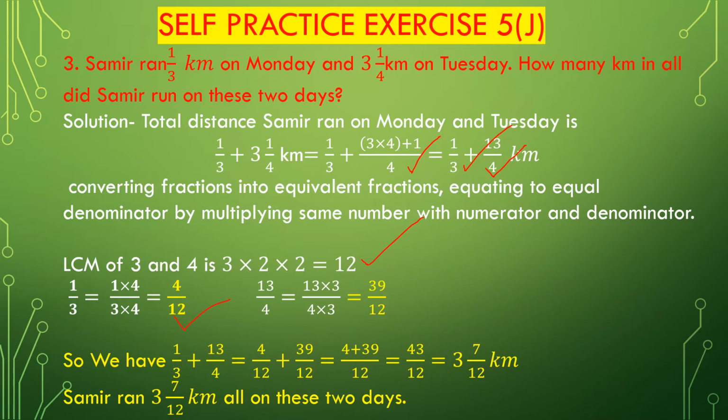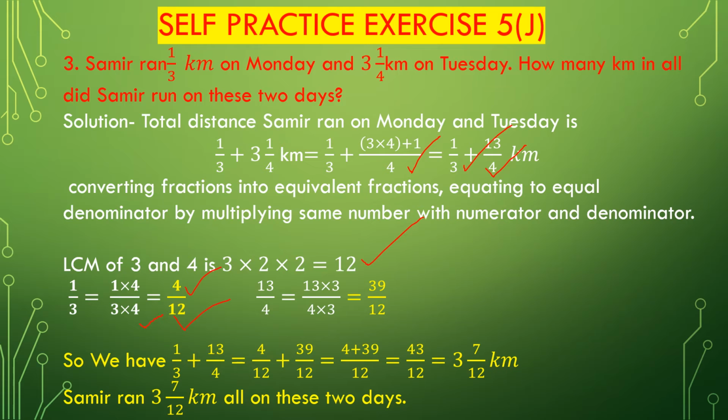So multiply the same number 4 with the numerator also. 1 multiplied with 4 is 4, and 3 multiplied with 4 is 12. So we get 1 divided by 3 equal to 4 divided by 12, which is an equivalent fraction of 1 divided by 3.